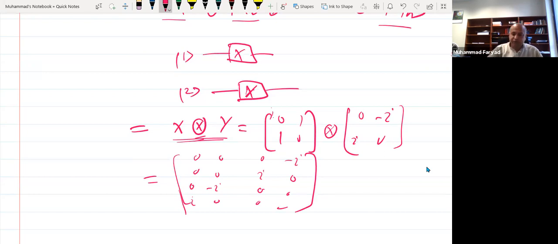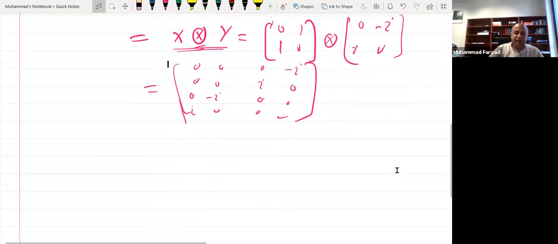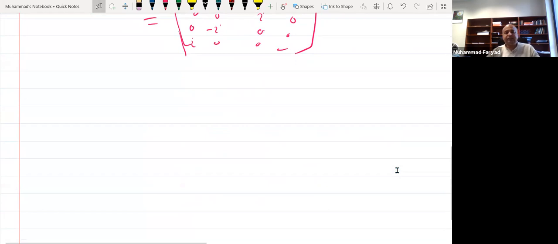Okay, so this is how we can express the states and the composite gates of multiple qubit systems. Let me now work out a couple of examples, because they can then be helpful in constructing more complicated states.